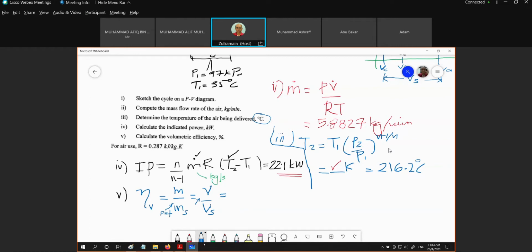We try to convert it in terms of V over Vs. Then when we put all the values regarding the m dot, the VA minus VD, what is the final formula for volumetric efficiency for our case?